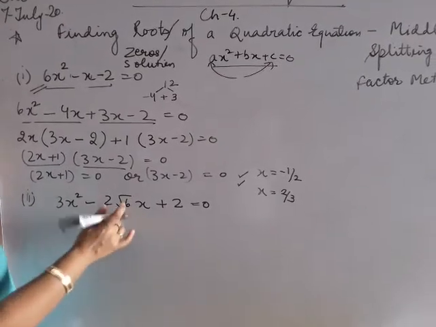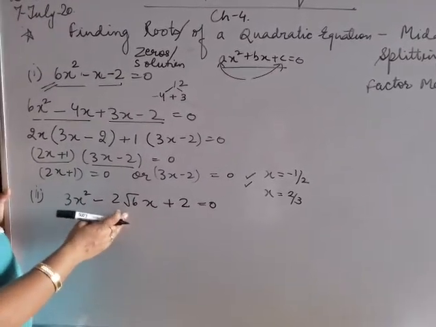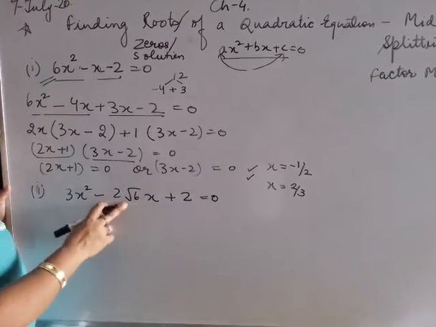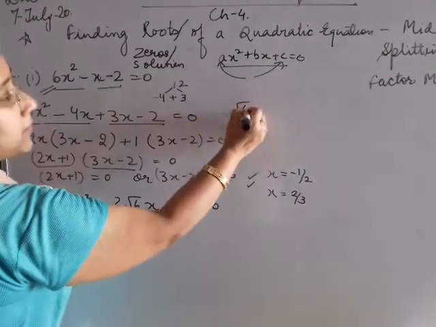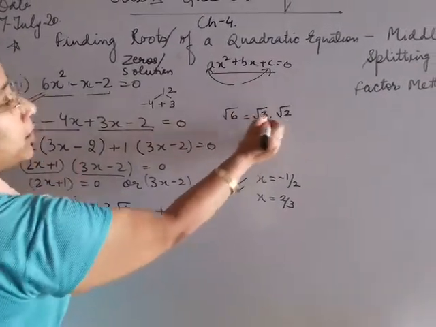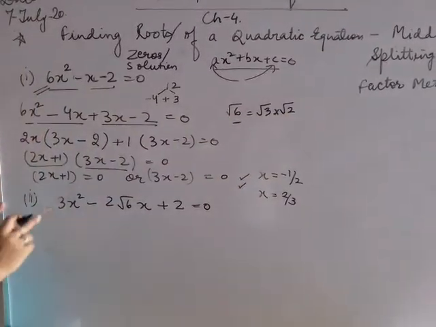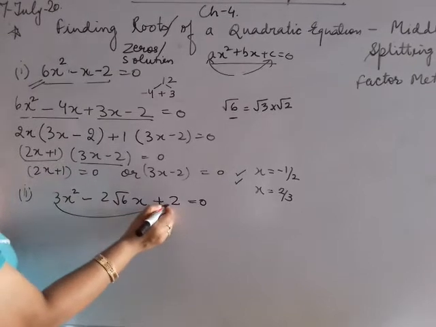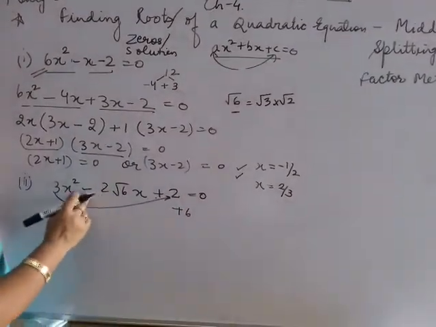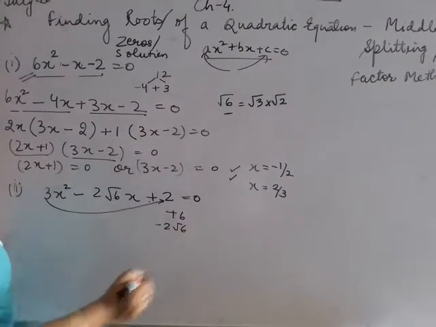Similarly, if there are surds, that is, the roots are irrational numbers, we can apply this same method for this also. Now root 6 can be written as the product of root 3 into root 2. The factors of root 6 are root 3 and root 2. Now we need a product of plus 6, and as an addition result we should have minus 2 root 6.